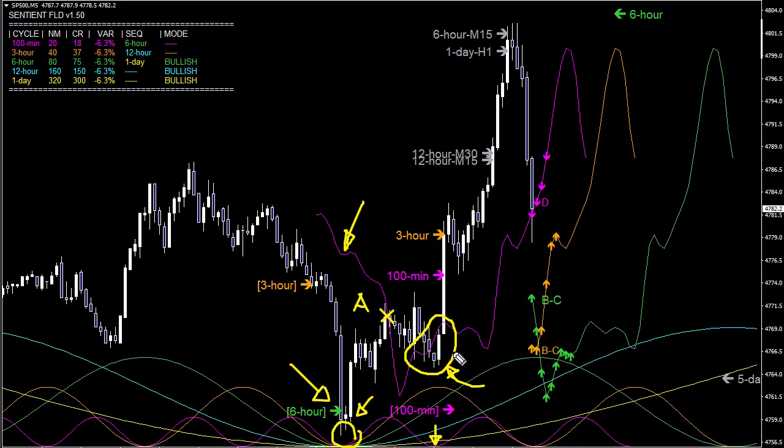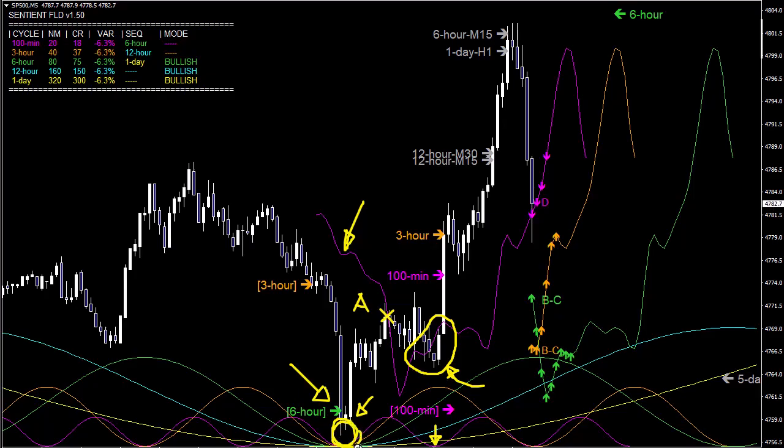But to summarize the discussion we've been having in this Hurst Cycles primer section of the course, I would like to point out that the fact that price crossed the 100-minute FLD and then found support at the level of the 100-minute FLD at about the time we were expecting a 100-minute cycle trough confirms for us that the one-day cycle trough has formed in the market.